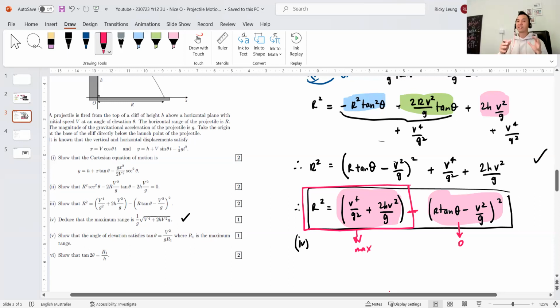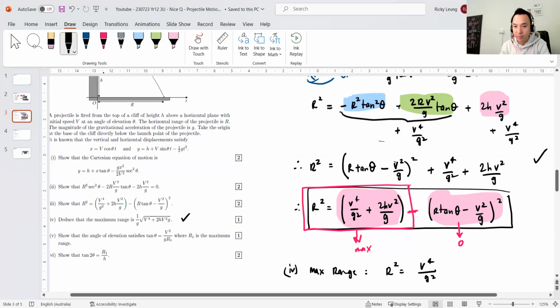Let me say that again. If I take something and I minus another thing, then the maximum that statement can be is when the thing I'm minusing is 0. So you can say, therefore, as a two-step process, Part 4, max range is when r squared equals this guy only, when the secondary part, the bit that I'm subtracting, is 0.